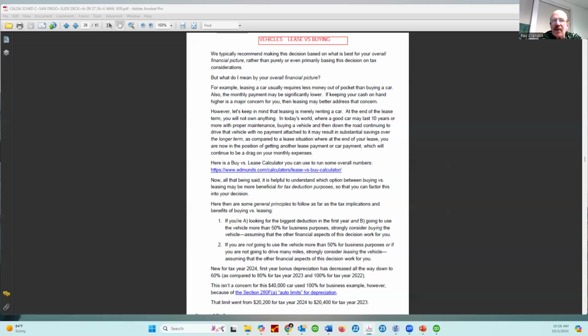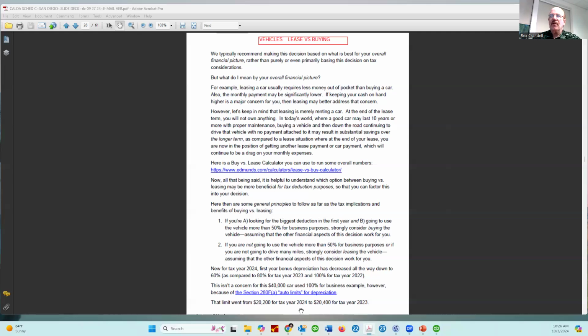New for tax year 2024, the first year bonus depreciation has decreased down to 60% for the cars that you buy. This is not a concern for this example, a $40,000 car. However, there's a thing called Section 280F auto depreciation limits that reduce the amount of depreciation.